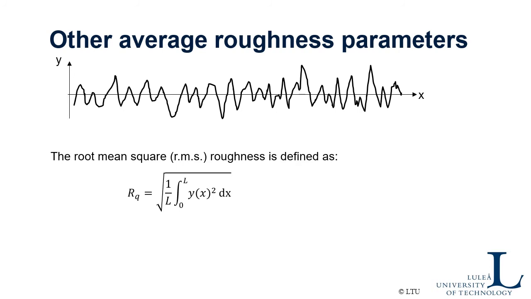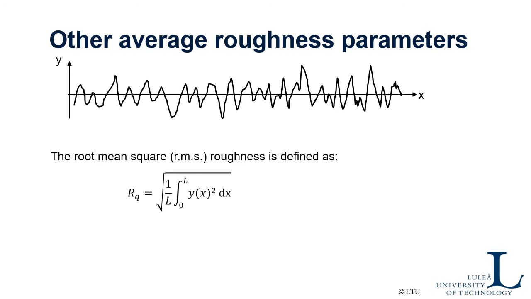There are a huge number of other roughness parameters. I think there are more than 100. If you have an equipment like an optical profilometer, you can get those parameters automatically, but I will mention a few of them here.